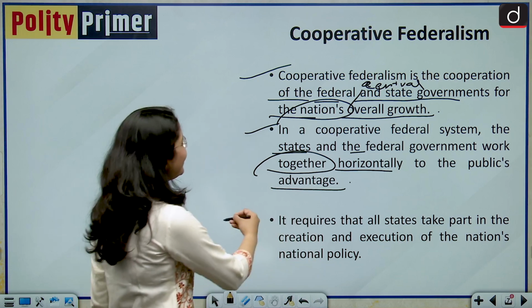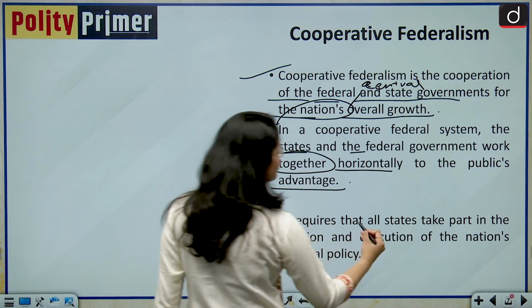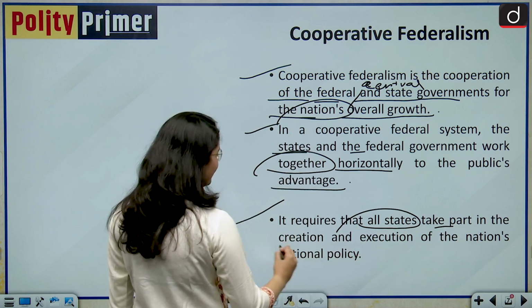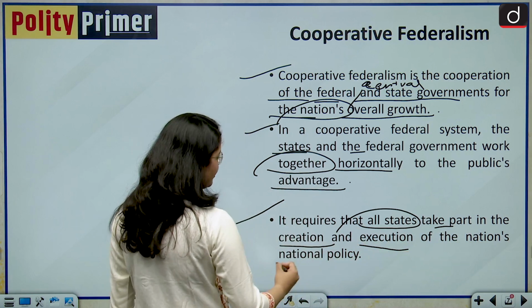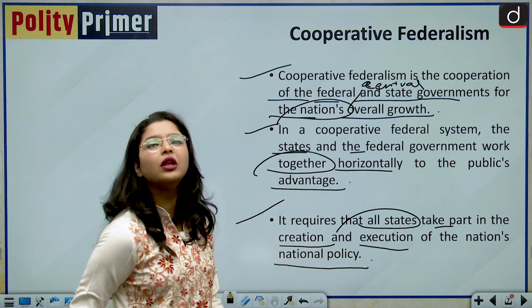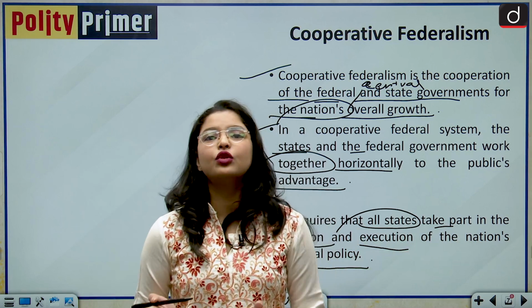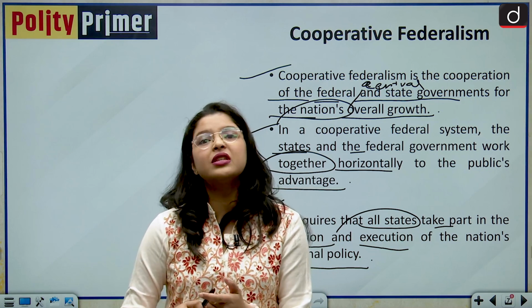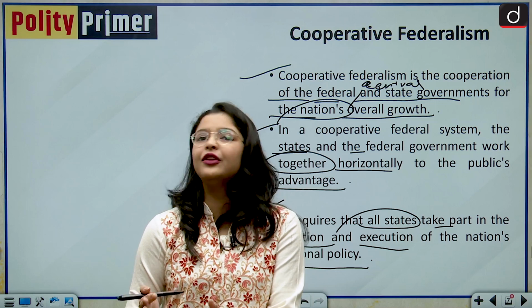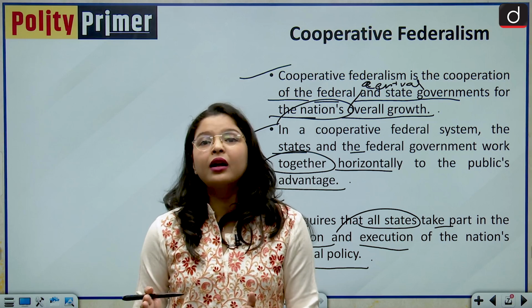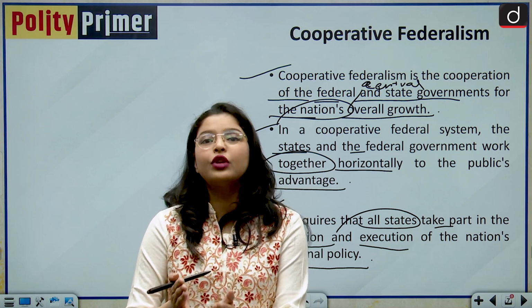Okay, and it requires that all states take part in the creation and execution of the nation's national policy, and that is why it is known as cooperative federalism, because the state governments and the central government, if you talk about India, work together in synchronization.